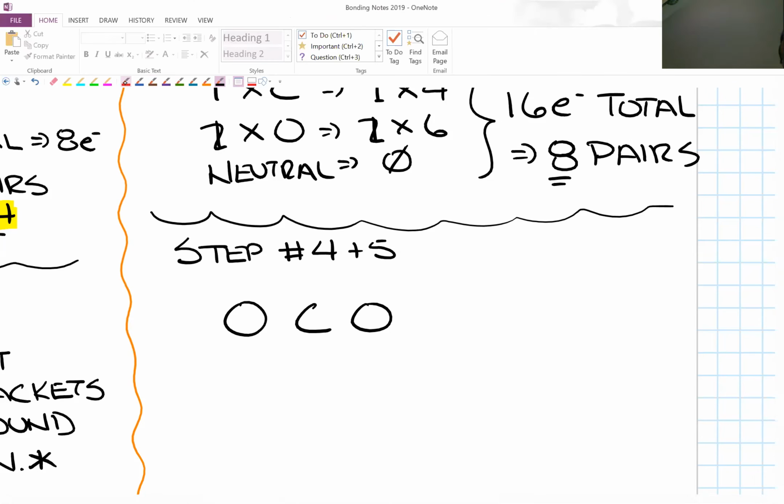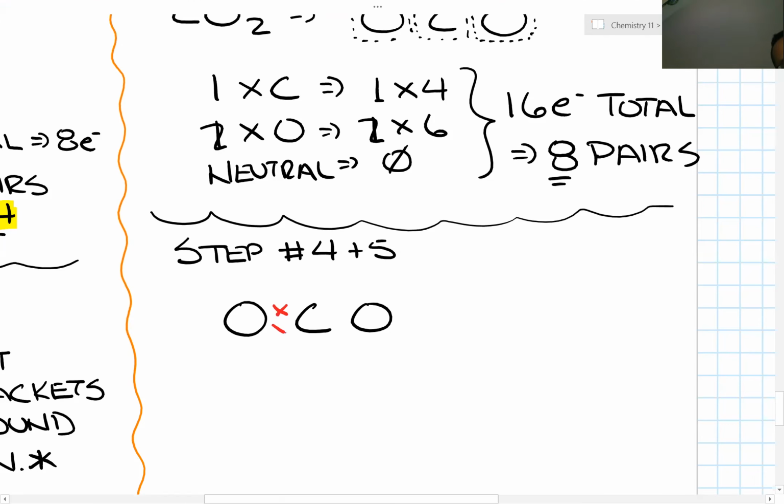We use 2 pairs, so 1, 2, 3, 4. And then you're left with 6. So we go 1, 2, 3, 4, 1, 2, 3, 1, 2, 3.